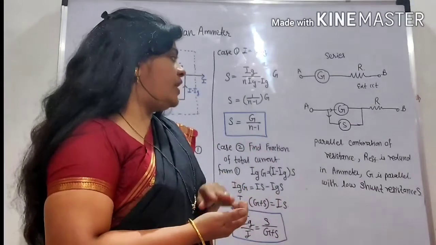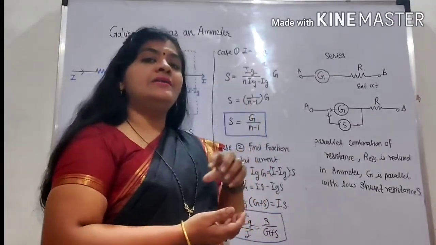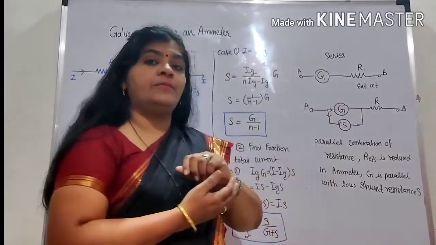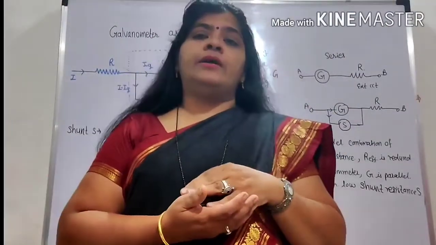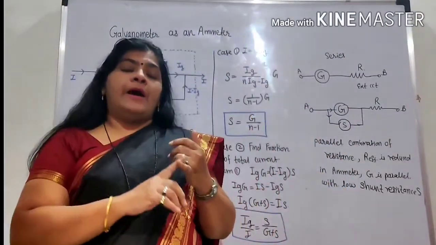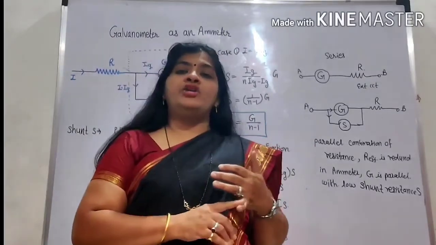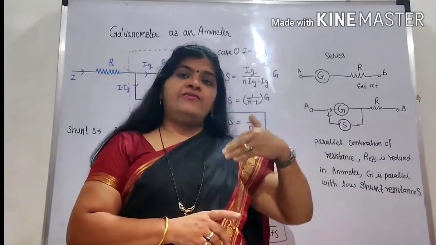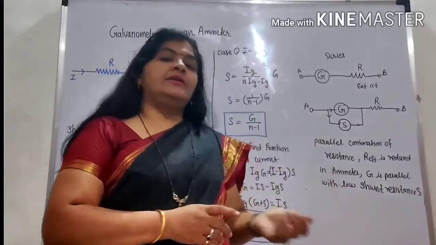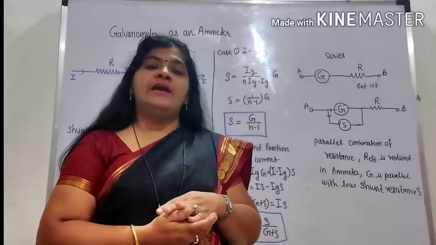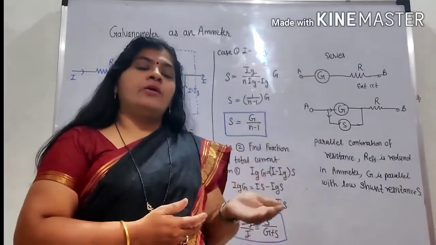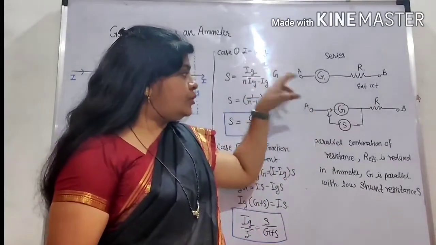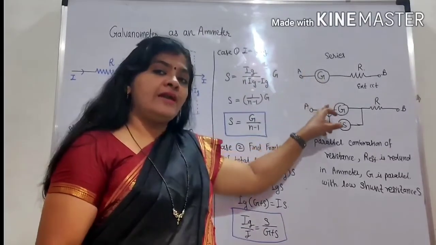For this, we use a low resistance connected in a parallel combination. We already know that in a parallel combination the resistance decreases, and in a series combination the resistance keeps increasing. Our aim is to decrease the resistance of the galvanometer.